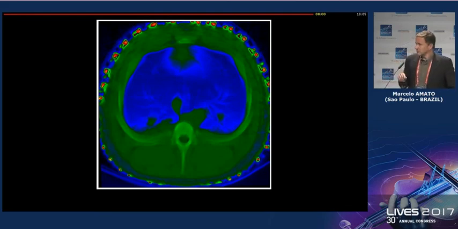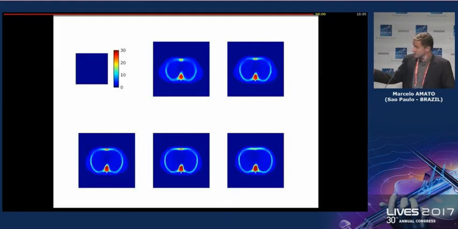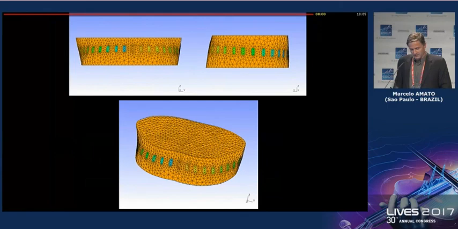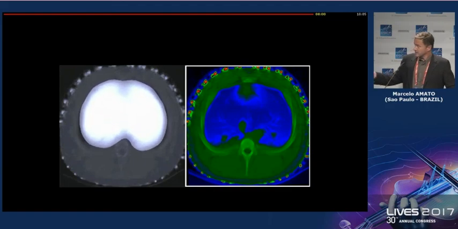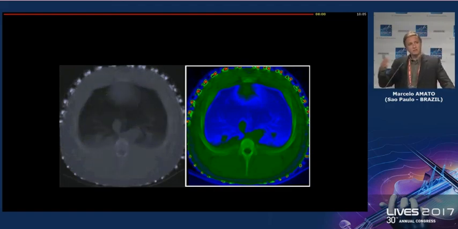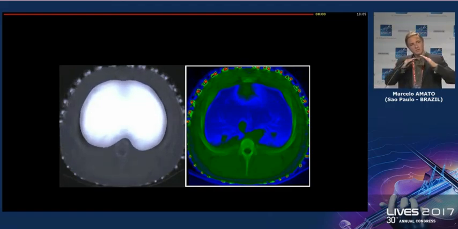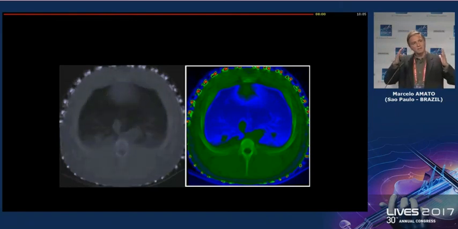Just one slide. There is also something that is very promising in the future. We are using some anatomical data to have an anatomical atlas, and then having more, let's say, reasonable models of the lung. And these are the new images that you can get when you don't have too much spatial filtering.